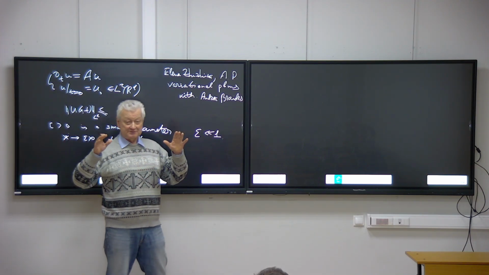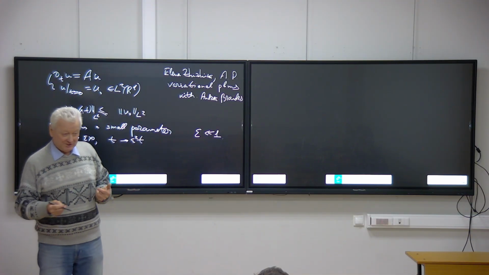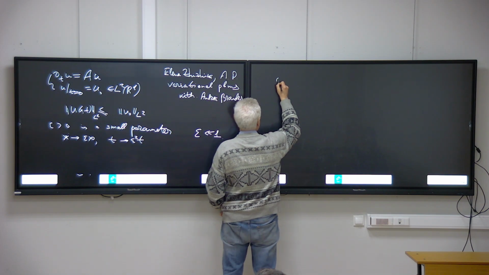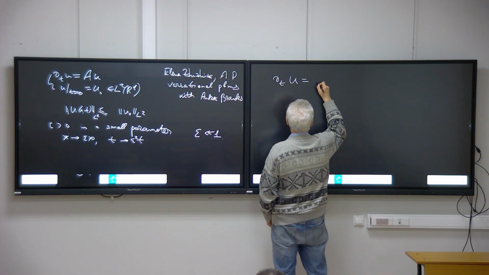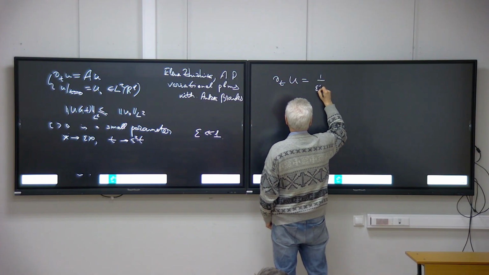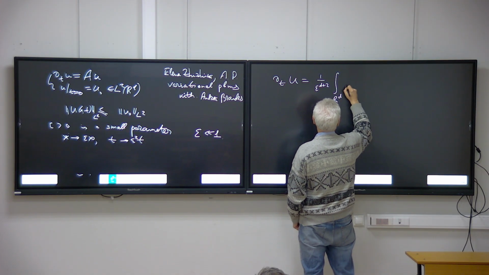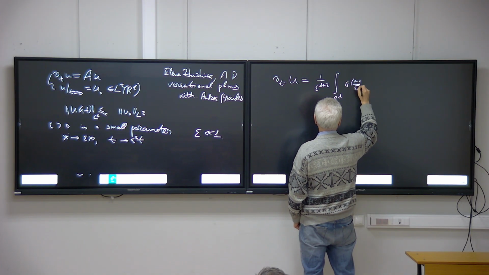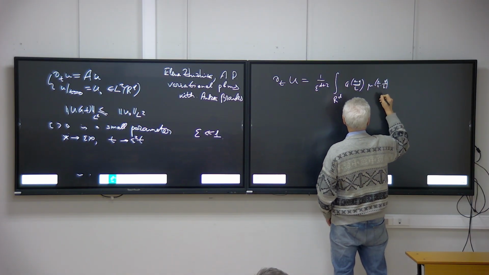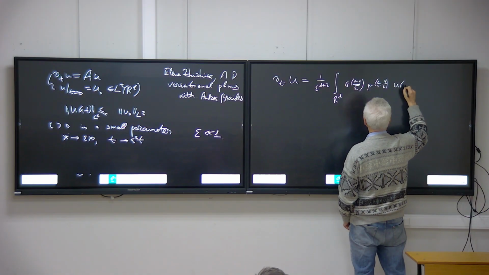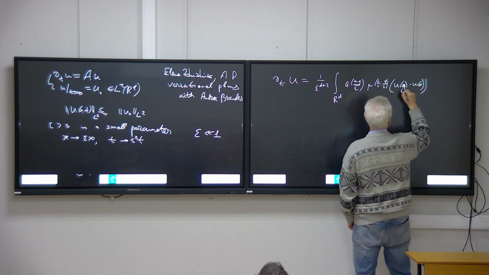I drop the details, but it's quite a simple exercise to check that after this scaling we arrive at the following equation: d_t u is equal to 1 over epsilon to the power d plus 2, integral over R^d of a of (x minus y) over epsilon, mu of x over epsilon, mu of y over epsilon, times u of y minus u of x, dy.